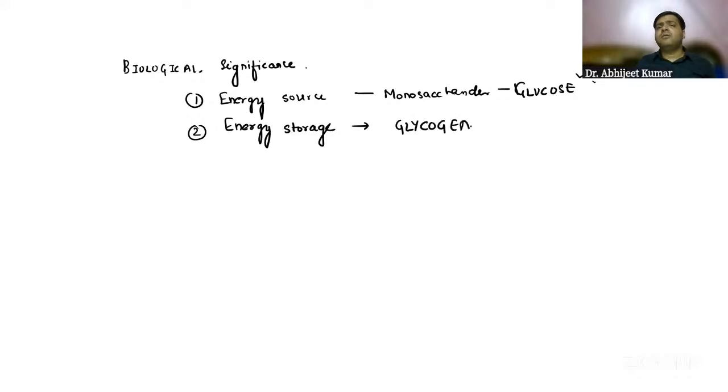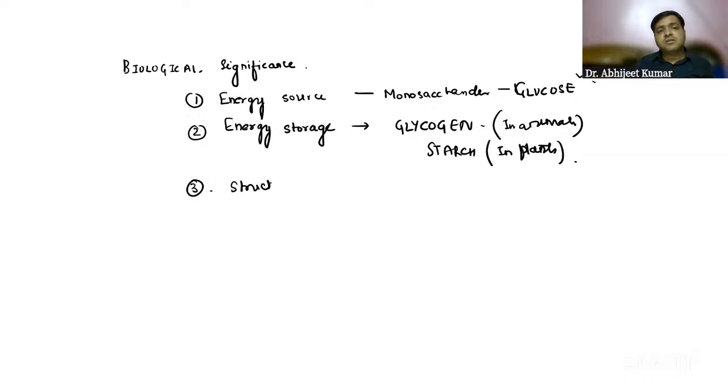We have already read in 11th and 12th that the storage form of carbohydrates in animals is glycogen, and in plants it is starch. So the energy is reserved, and whenever the body requires energy, it can be broken down. The glycogen breaks down into glucose, and ultimately the energy is obtained from there.